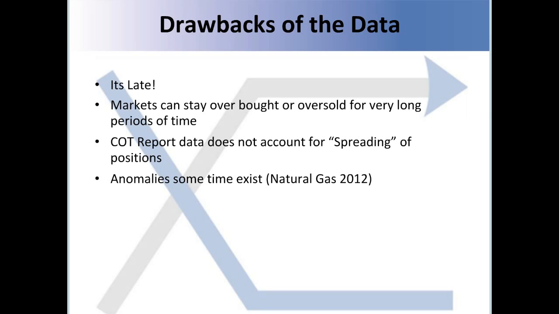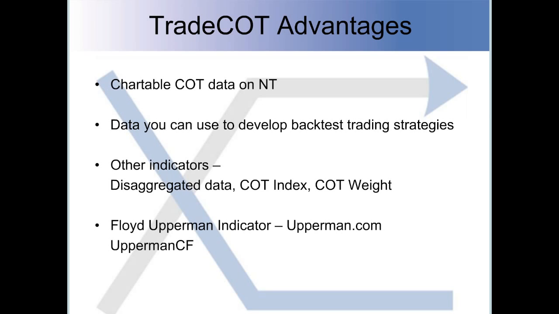One side of it might look like it's getting fairly long, but it doesn't account for the other side of the spread trade being fairly short. So you have to keep this in mind for a couple of markets. Mostly treasuries is the only place I've seen this have any effect. And then you'll see a really interesting anomaly that I've been talking about to my clients and on social media, about natural gas in 2012.